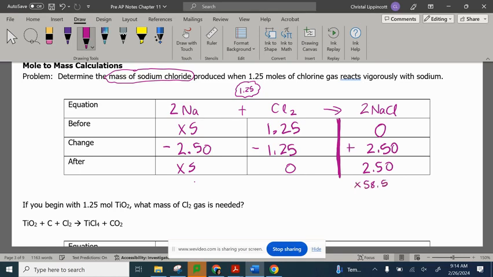And I'm going to multiply that mole amount by 58.5 to get my total. So I end up with, and I need 3 sig figs for my answer, so 146 grams of NaCl, and that is my answer.